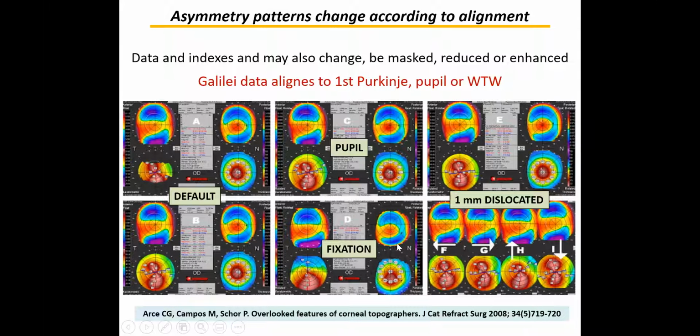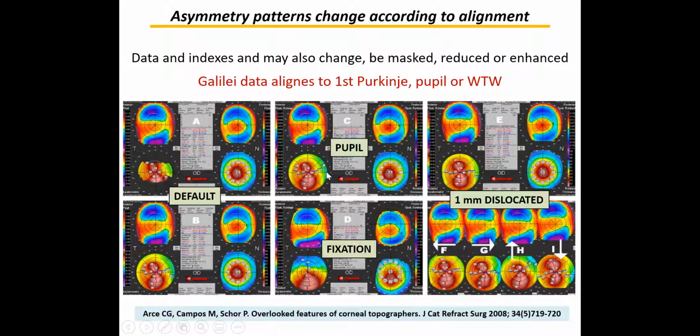We only moved the data. Observe, 1 millimeter to the left, 1 millimeter to the right, to the top, and to the left. Okay, so the pattern in letter H is evidently asymmetric, but the pattern in letter I is very symmetric.